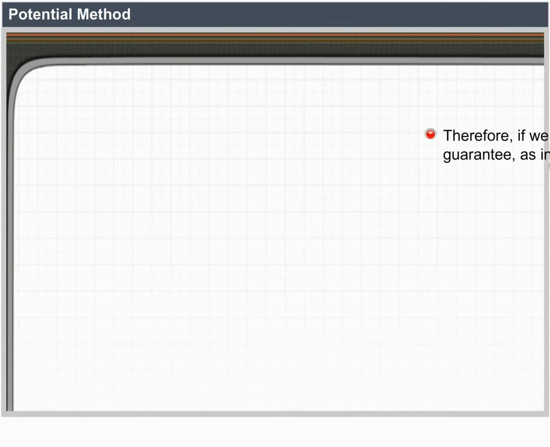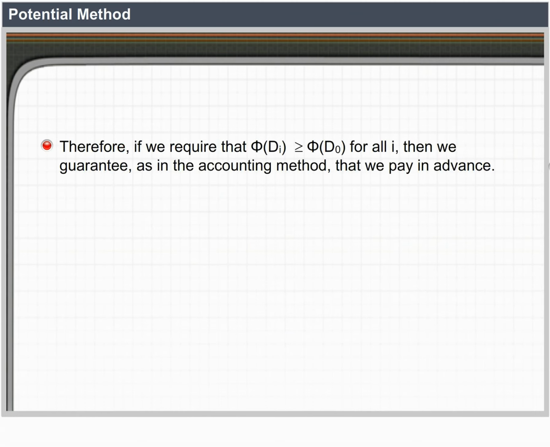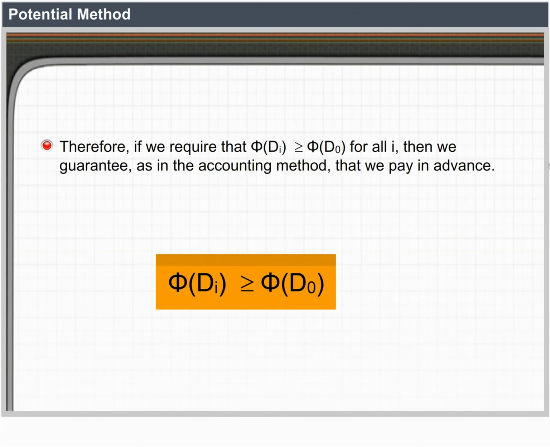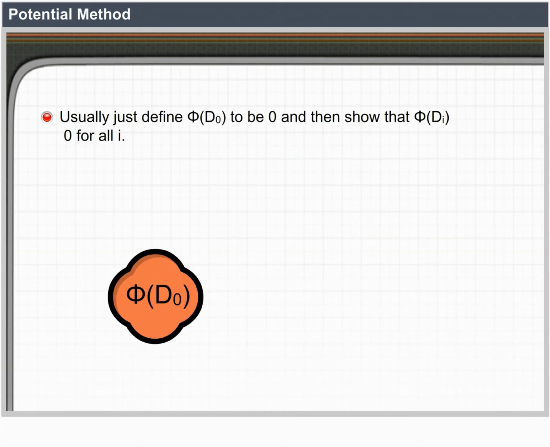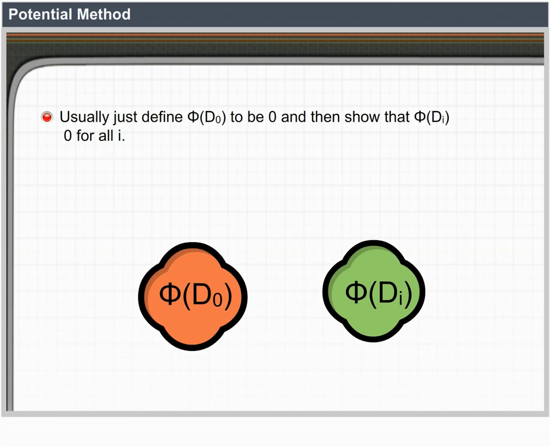Therefore, if we require that phi of Di greater than or equal to phi of D0 for all i, then we guarantee, as in the accounting method, that we pay in advance. Usually, we just define phi of D0 to be 0 and then show that phi of Di greater than or equal to 0 for all i.